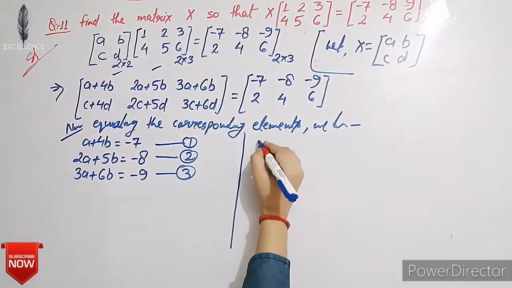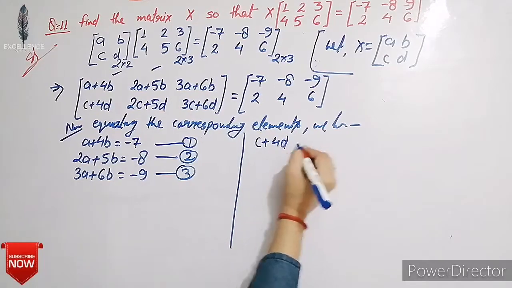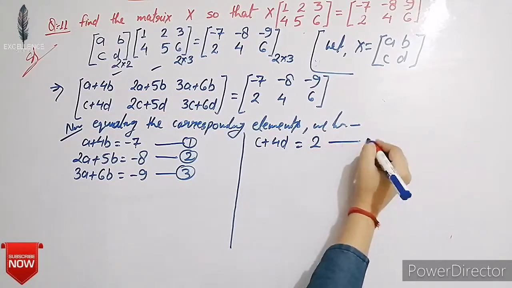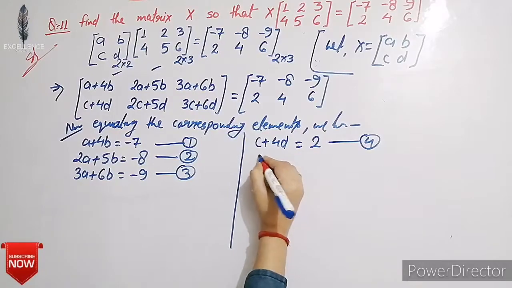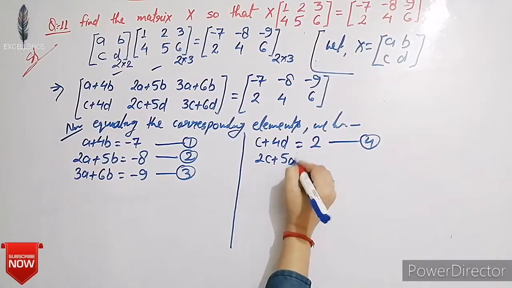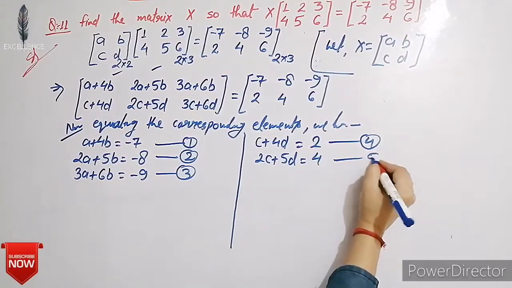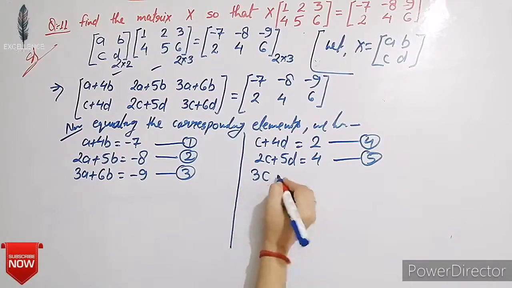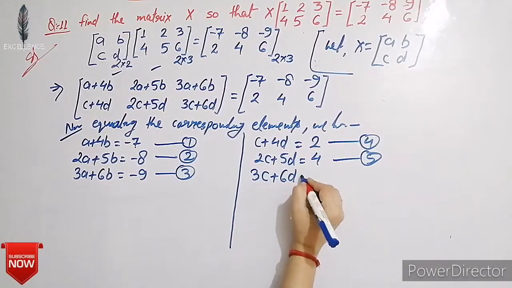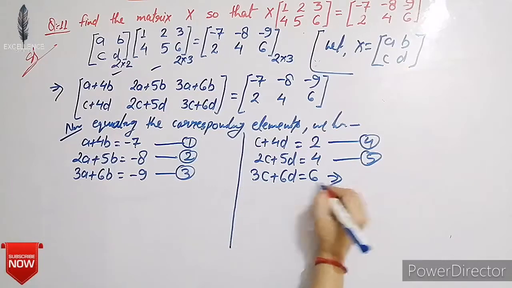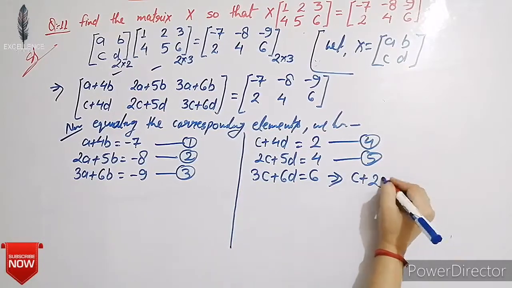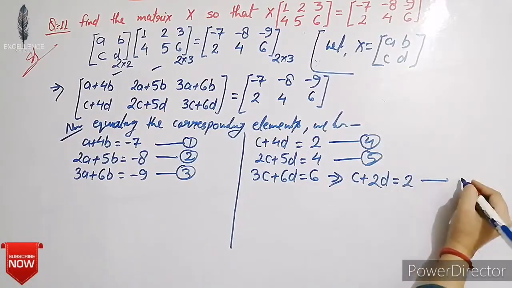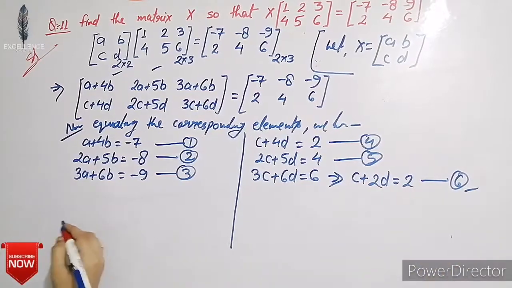From the second row we get C plus 4D equals 2, equation 4, and 2C plus 5D equals 4, equation 5, and 3C plus 6D equals 6, that is C plus 2D equals 2, equation 6.